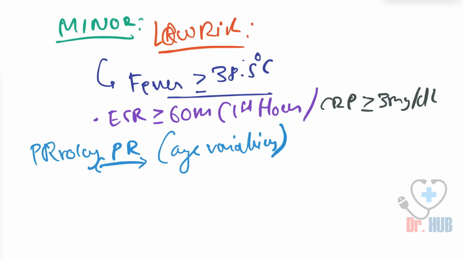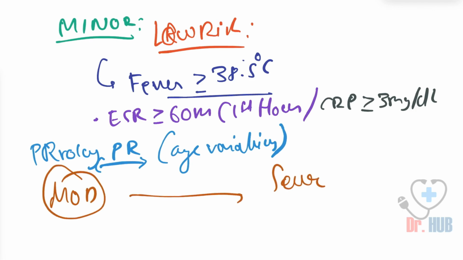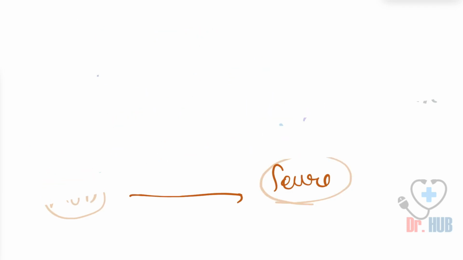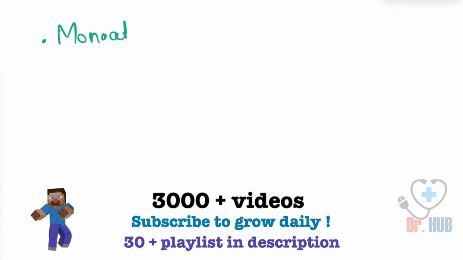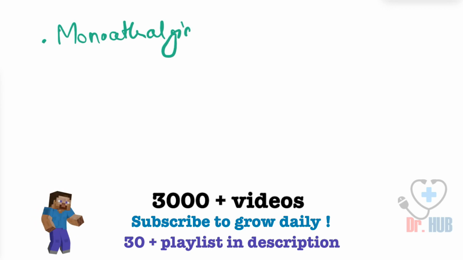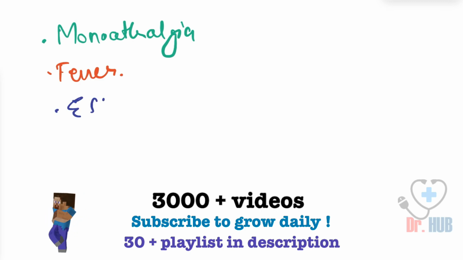Next, we move on to the moderate to high risk population. How do the conditions change when we go to moderate to severe? In case of low risk, there was polyarthralgia. Here it is monoarthralgia. Next, there is presence of fever, and there is also the ESR.